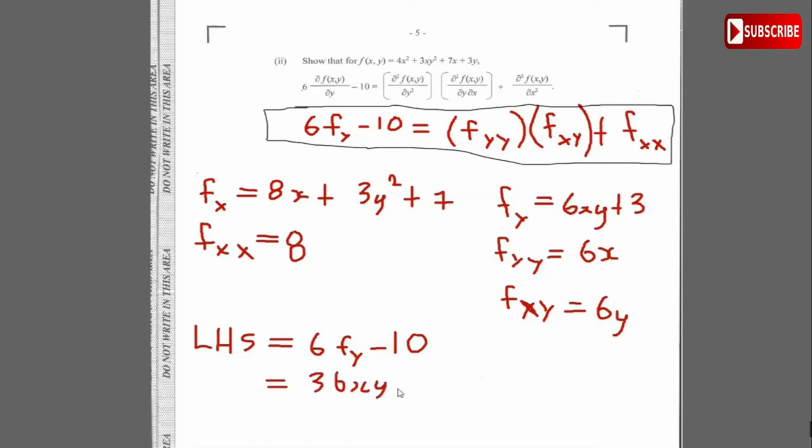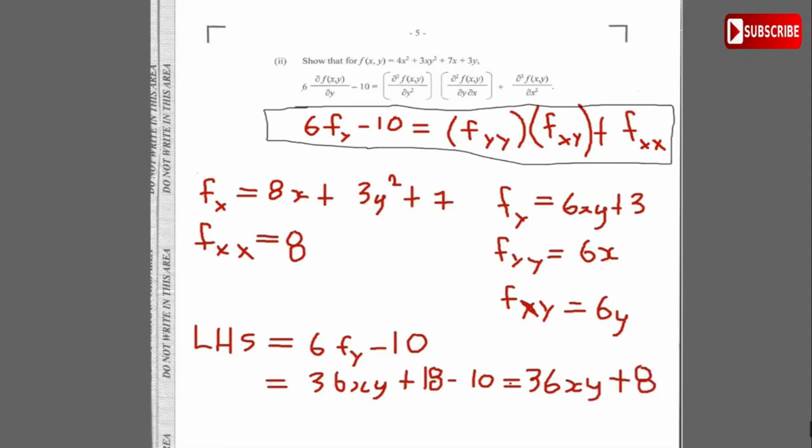And then 6 times 3 is 18. Then I subtract 10. So what do I get? I get 36xy plus 8. Nice and easy. So that's what I get, 36xy plus 8.